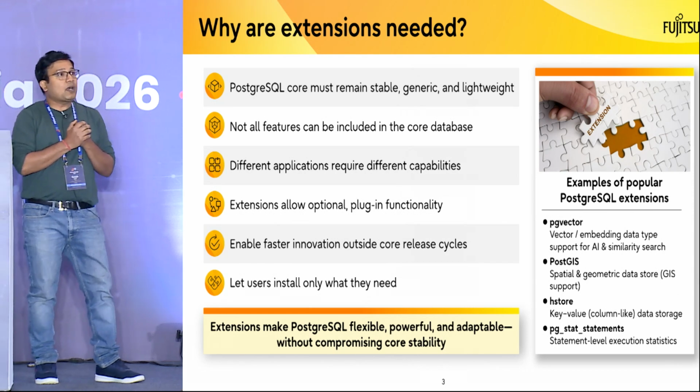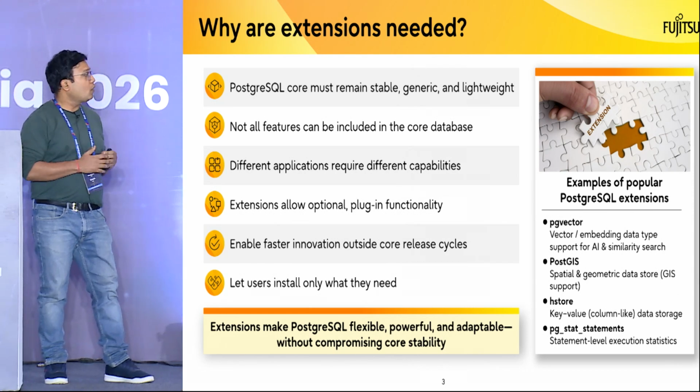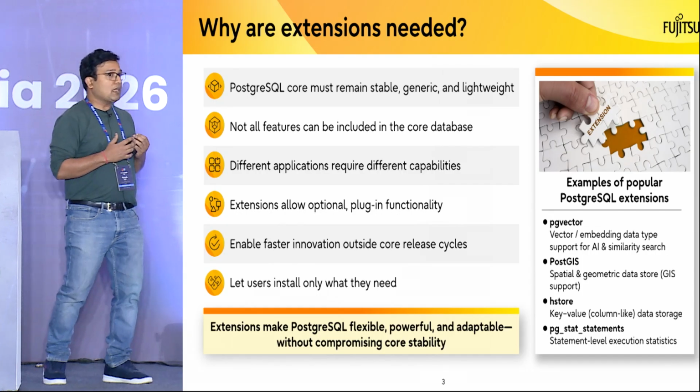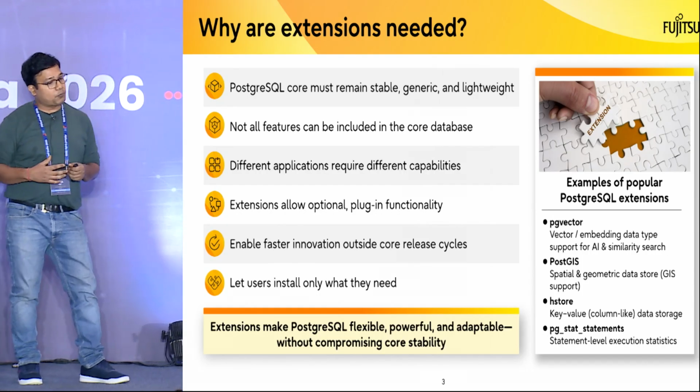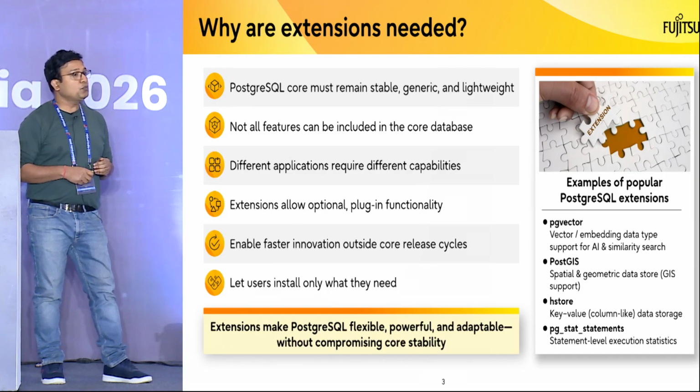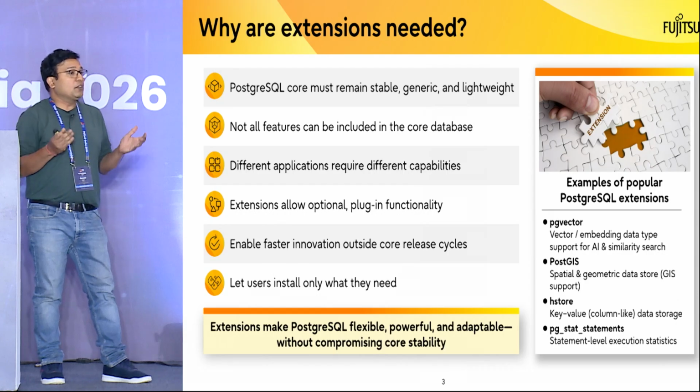This is how extensions give all the power to Postgres. In a single statement: extensions make your Postgres more flexible, powerful and adaptable, so you keep innovating without compromising core stability.